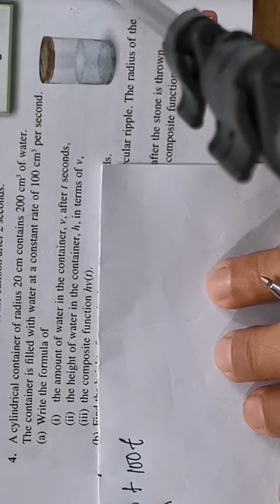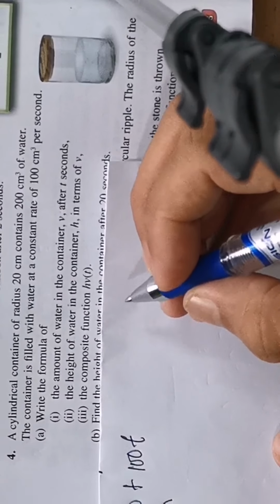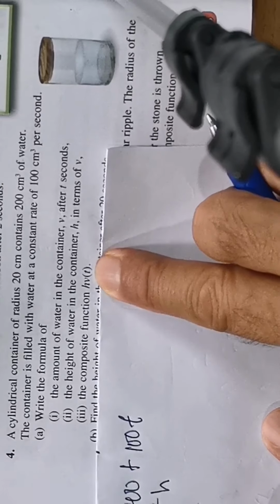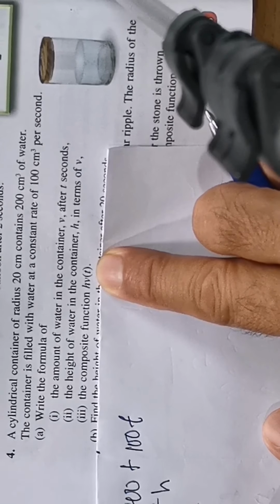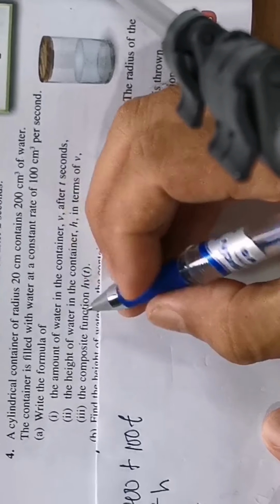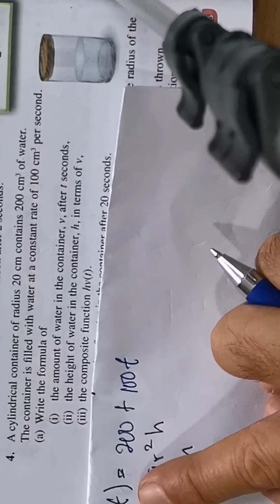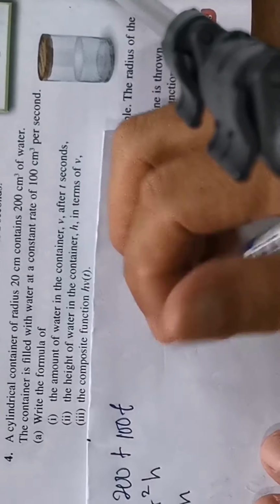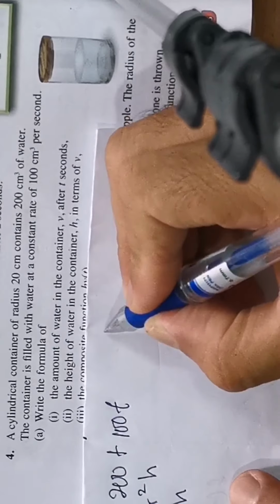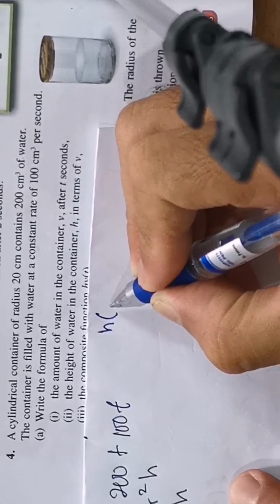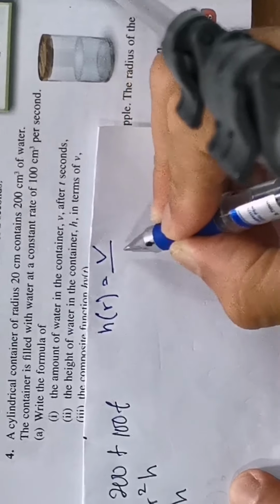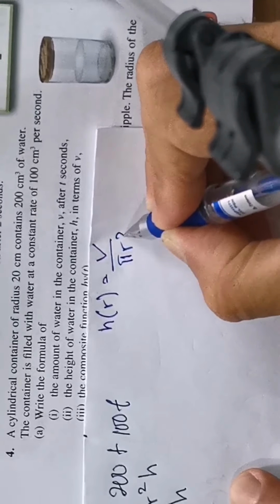For A3, the composite function H(V(t)), that is substitute V(t) inside H(V). So write down again. You already have V(t), and the one that we have for A2, the function H(V) equals V over pi r squared.